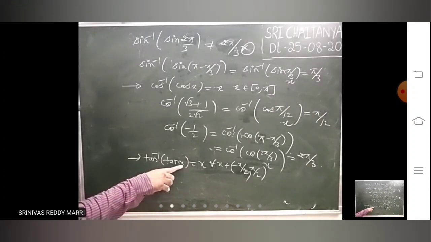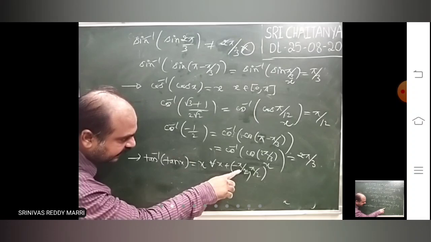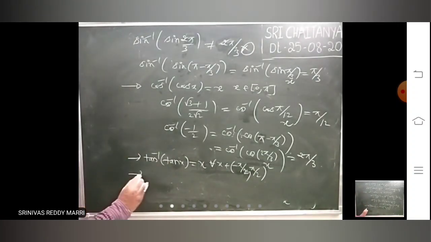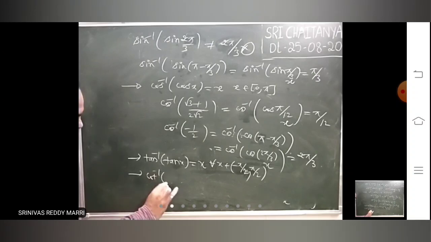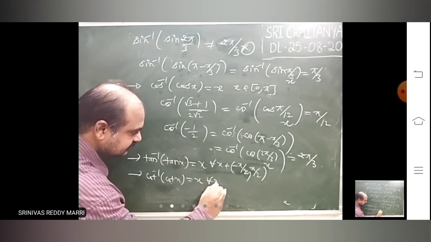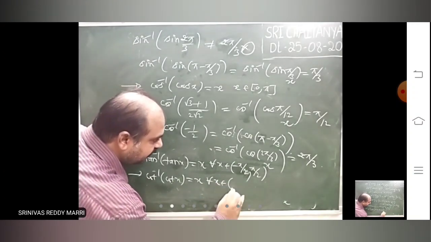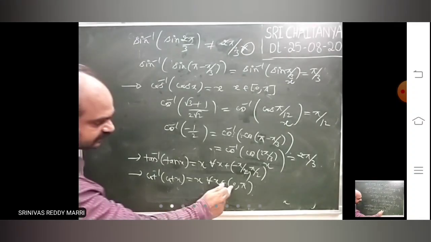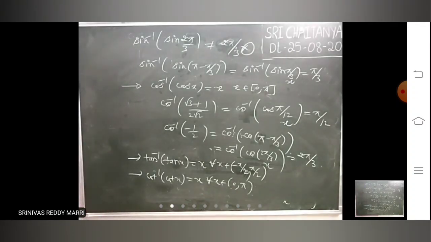Whenever you are writing tan inverse tan x, you have to ensure that x lies in the interval minus pi by 2 to pi by 2. Similarly, cot inverse cot x equal to x for all x belongs to open 0 comma pi.